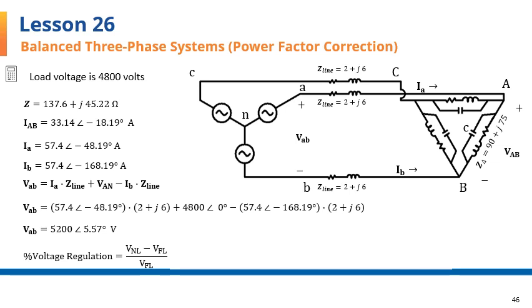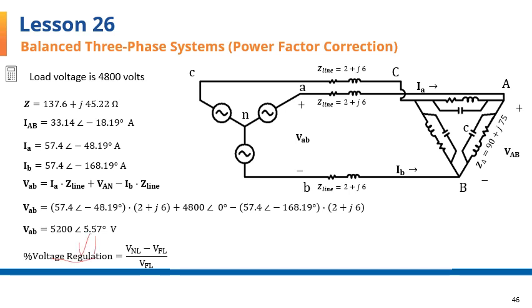Voltage regulation, as you know, is voltage at no load minus voltage at full load at the location of the load, divided by the full load voltage. And here's the equation for it.